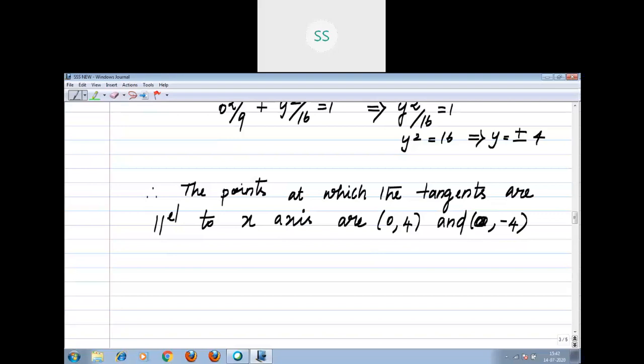Now, the points at which the tangents are parallel to x-axis are 0 comma 4 and 0 comma minus 4. Now we'll pass on to the second subdivision.